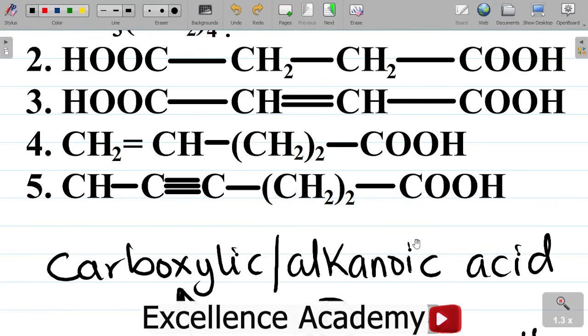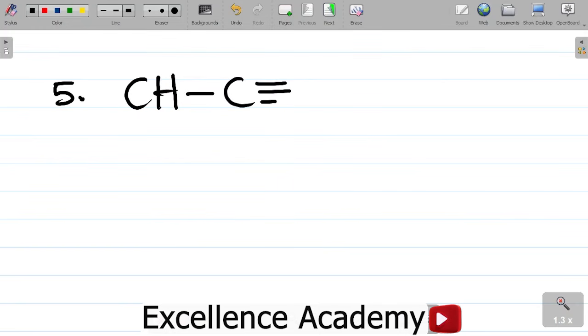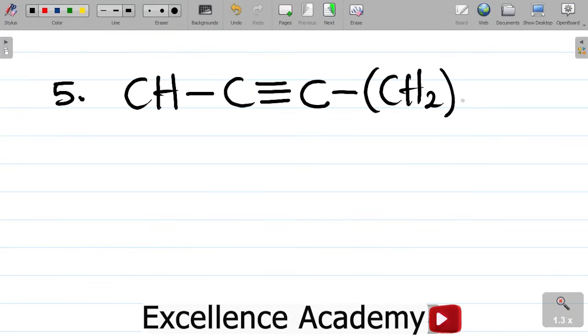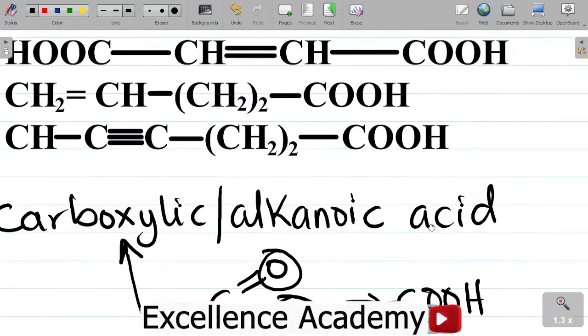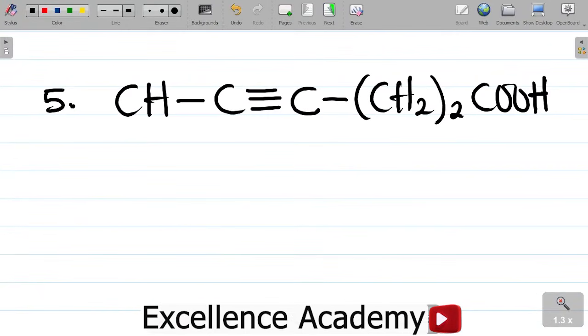We have CH single bonded to C, triple bonded to another carbon, then CH2 twice, and then you have COOH. All right, just to confirm that our question is correct. Yep. So if I want to, I could still put the hyphen here or not. Still the same thing. All right, so I have this.